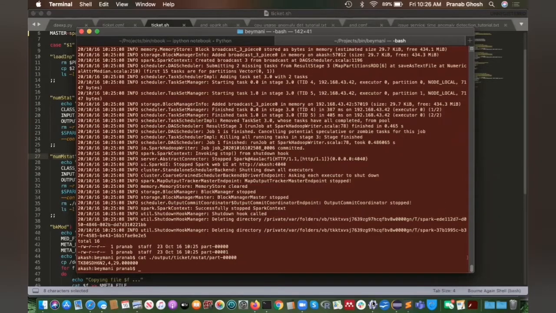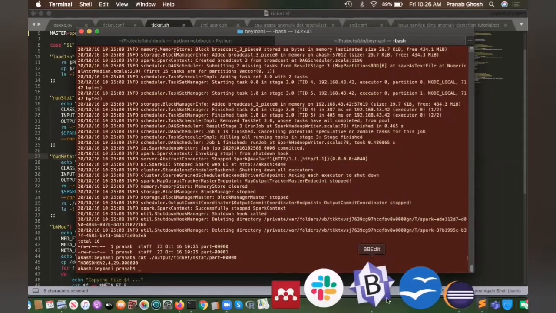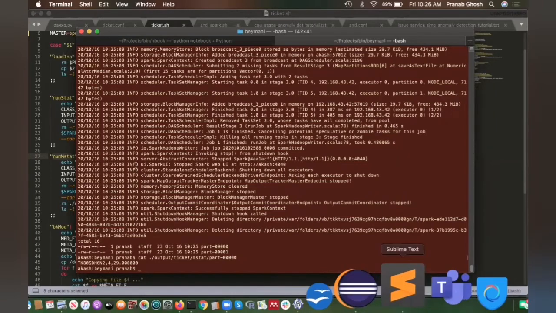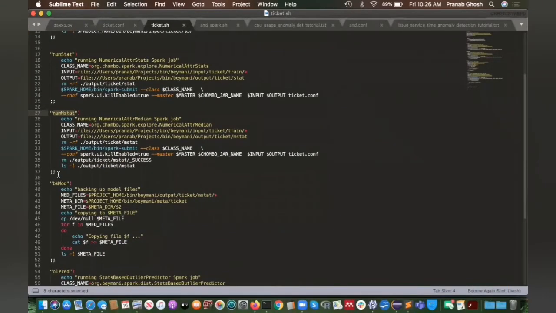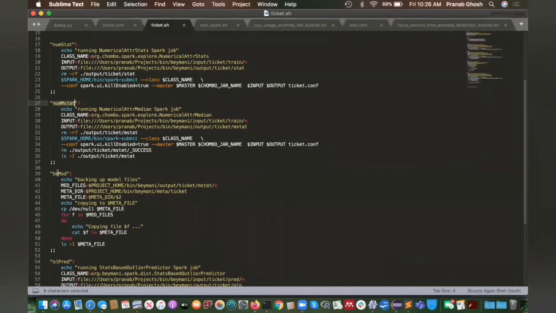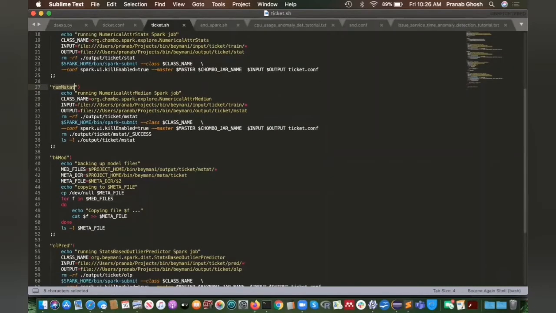So now what we are going to do is run this to combine into one file. So we'll run that.